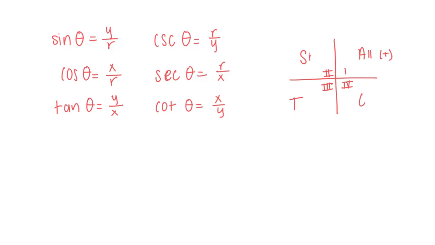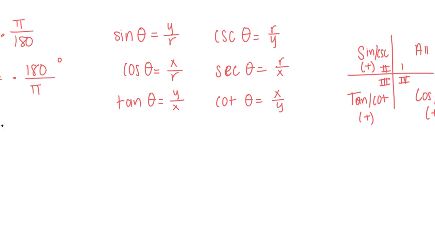In quadrant 2, sine and cosecant are positive. In quadrant 3, tan and cotangent are positive. In quadrant 4, cosine and secant are positive. You'll see where this comes into play with the questions at the bottom.